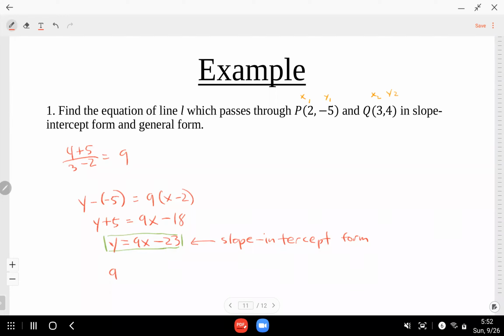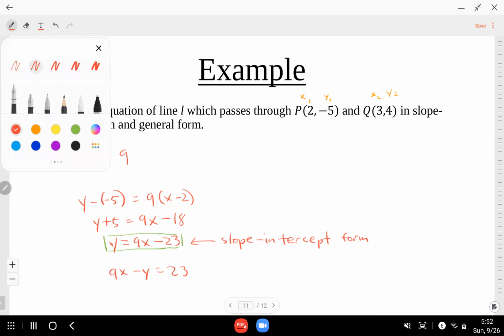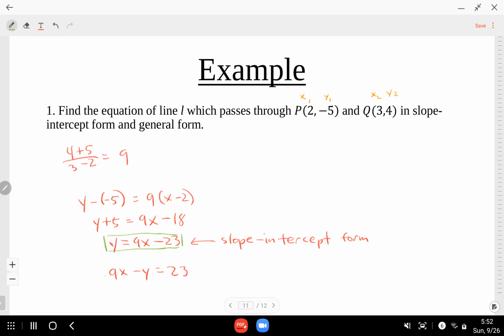It's going to be 9x minus y equals 23. I accidentally wrote 33. It's 23. Okay, so those are our two solutions.